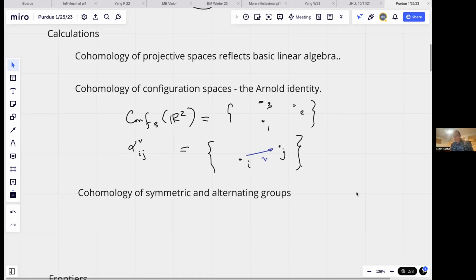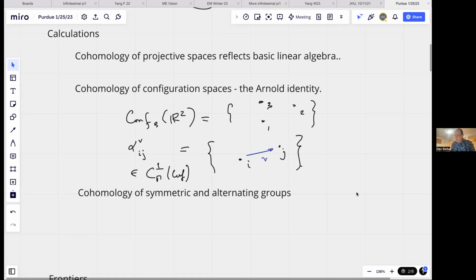And if you think about that a second, that's codimension 1. So this is going to be one of our geometric cochains in degree 1 of this configuration space, right? And these end up being the cohomology generators.